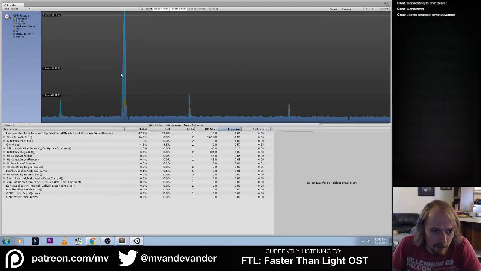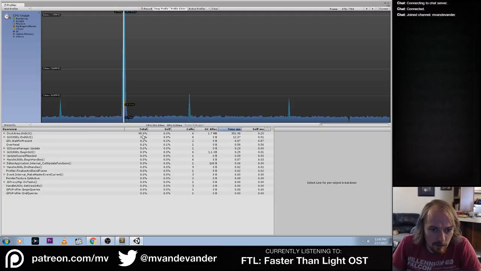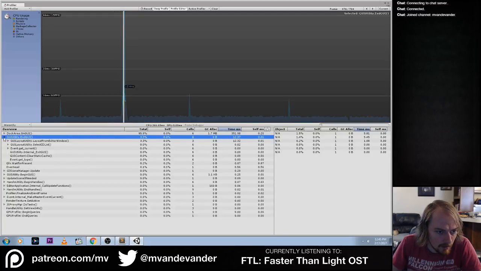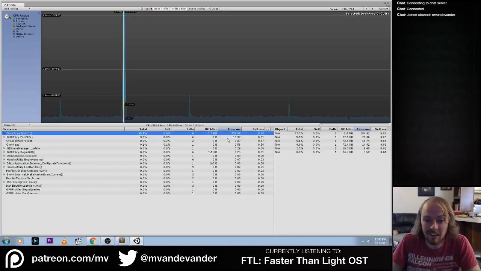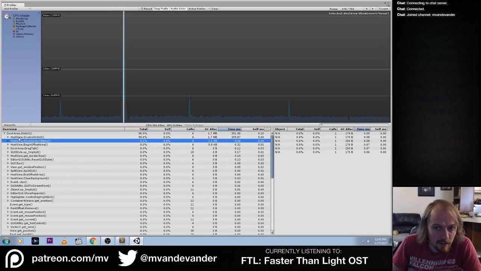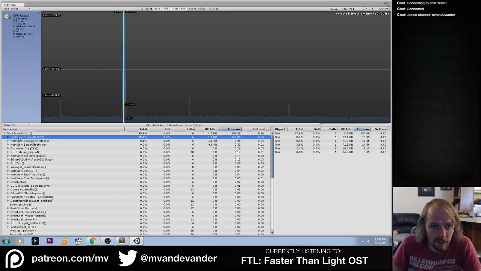I can still see the spike here at least. It literally takes as long as this takes, it feels like, to do one frame here. It's really weird. I don't know what's going on with that.